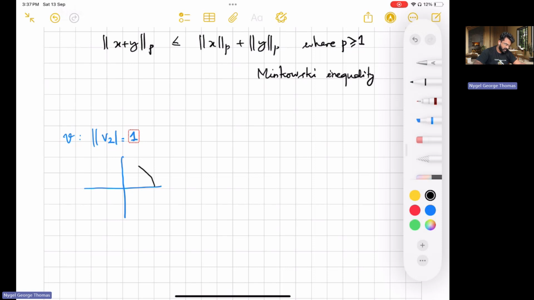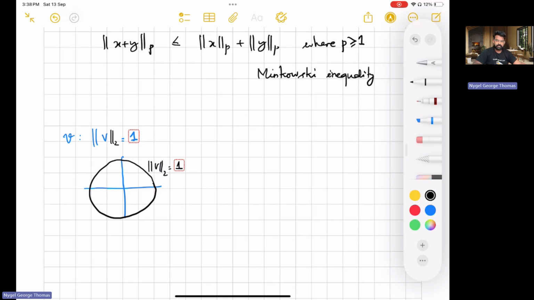This will be a circle. This will be the locus of all the points which satisfy this condition.